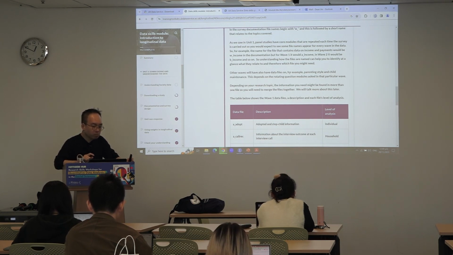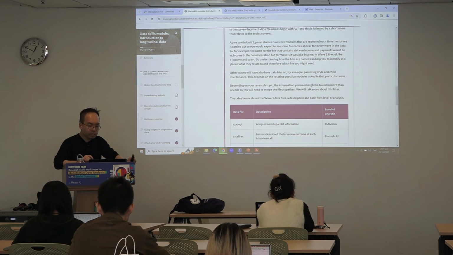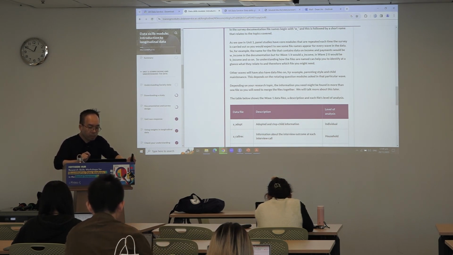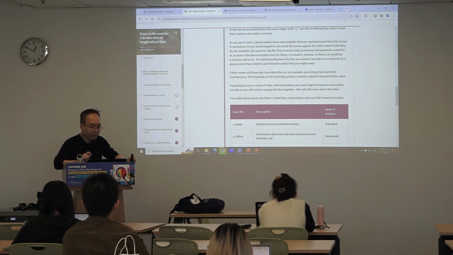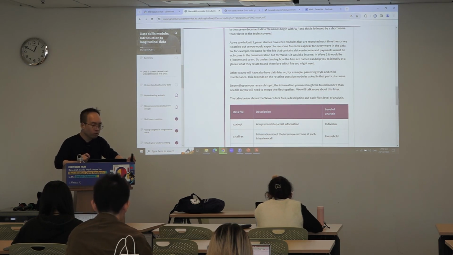I showed you some examples, like the data on income and also payments would be in wave 1, but then in wave 2 it will come up again, and so on. Understanding how the files are named can help you identify at a glance what they relate to, and therefore which file you might need. Because you may not need all of the files, but just some of them. So that's what we are hoping to have you understand.